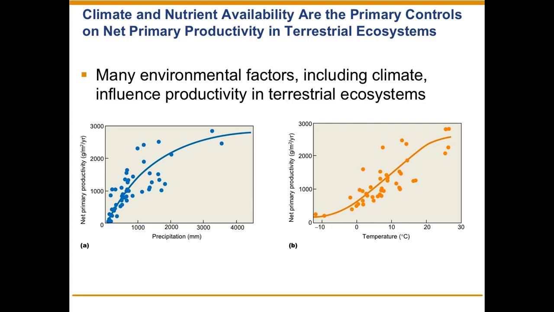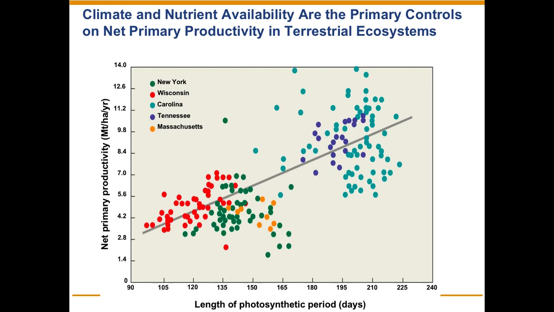Well, then we want to apply that to a natural system. And we see on large spatial scales, we see the same rules playing out. So this is again another figure from the book. On the x-axis here, we've got the length of photosynthetic period, so the number of illuminated days. So we can think as we go here, it's a proxy for latitude.